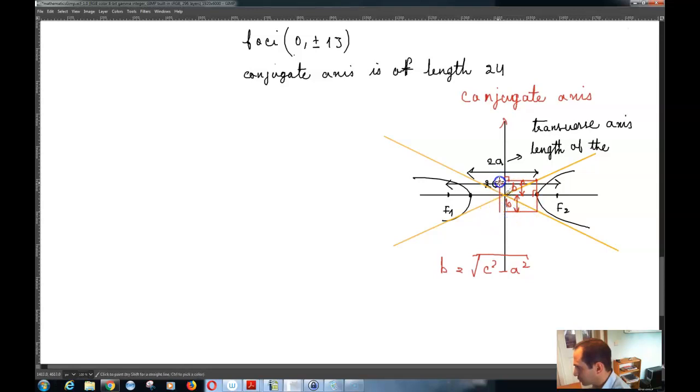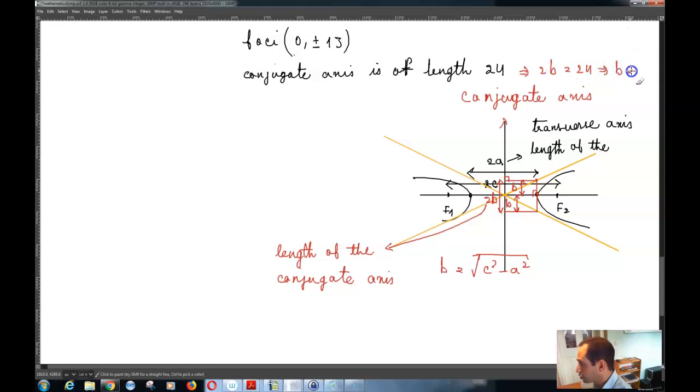That means that this distance over here is 2b, which by definition is called the length of the conjugate axis. So the length of the conjugate axis is equal to 2b. This means that 2b is equal to 24, which means that b is equal to 12.